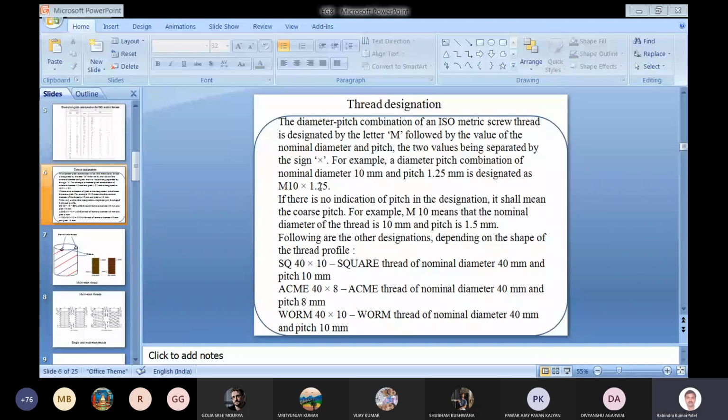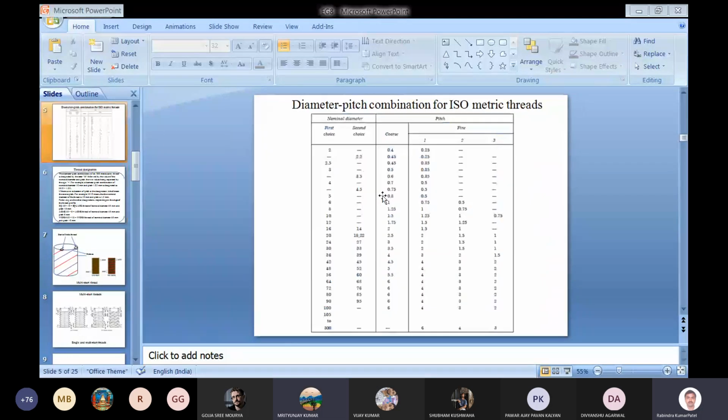The pitch of the thread is 1.25. From the table you can see different pitches are shown. Here it is corresponding to 10. This is 10, the nominal diameter. For nominal diameter 10 we have pitch 1.25. So that is shown here.